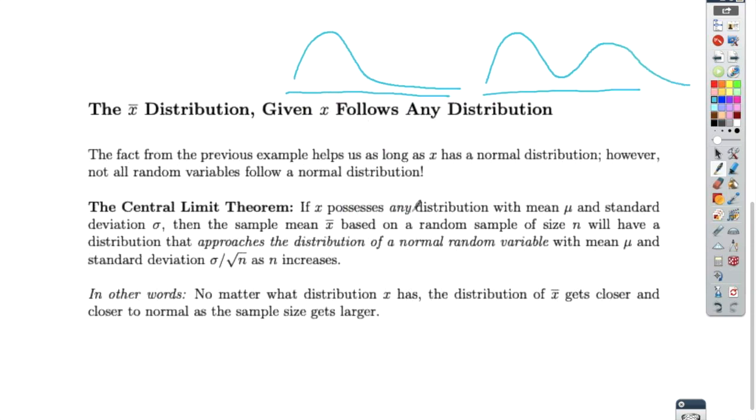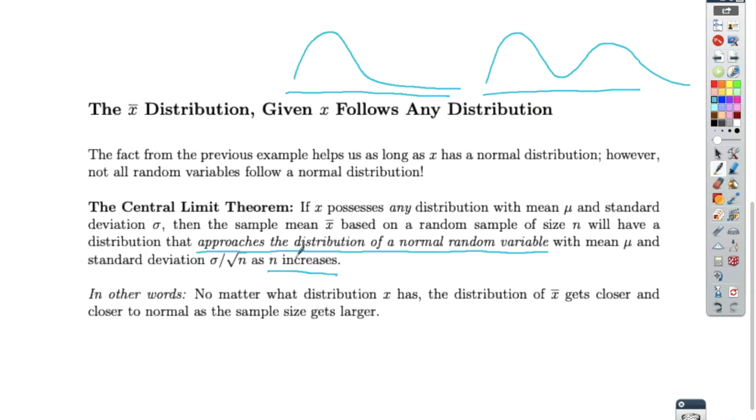If x possesses any distribution with a mean mu and a standard deviation sigma, then the sample mean x bar, based on a random sample of size n, will have a distribution that approaches the distribution of a normal random variable. It gets closer and closer to normal as n increases, as your sample size increases.